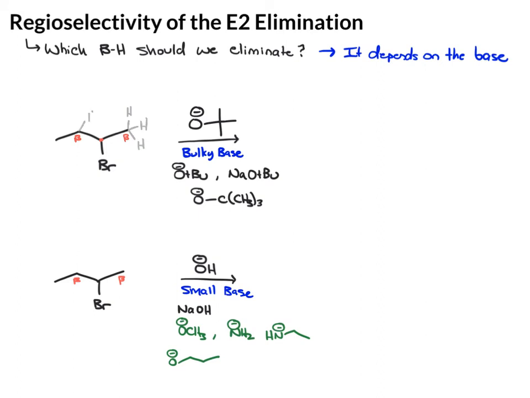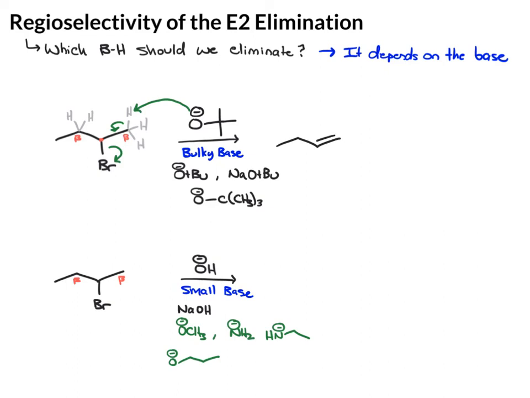The beta carbon on the left, it's not that it's too hindered, but still, there's more going on over here. These aren't as available. So what that means is this bulky base is going to prefer to react with the methyl hydrogens. When we do that, we'll eliminate one of those, and the product we get is this alkene.